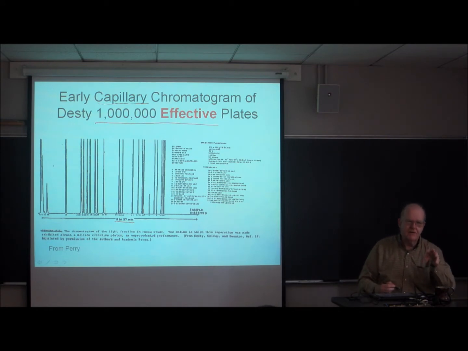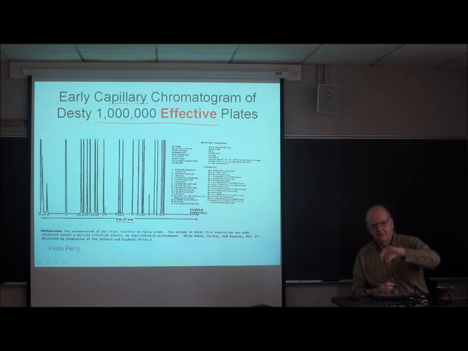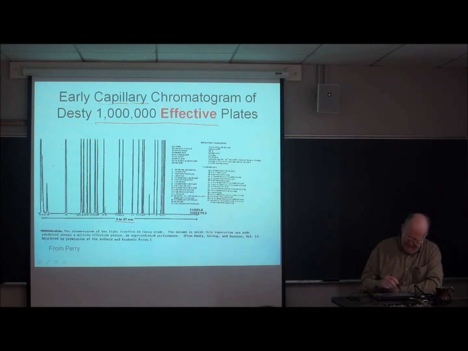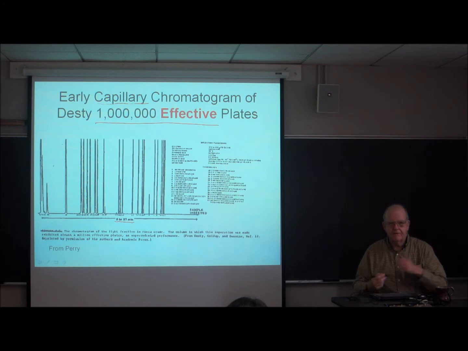Now remember, effective plates is smaller than plates because of the k-prime factor. This was a mind-boggling separation. He had to make his own column because there was no commercial supplier.